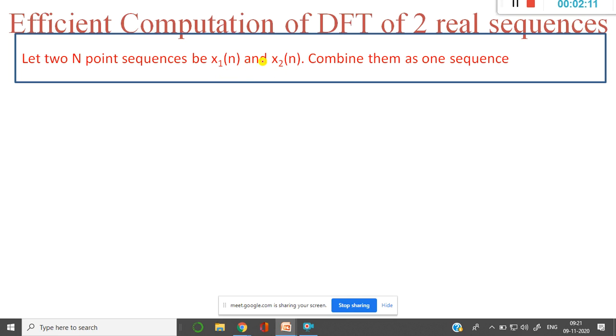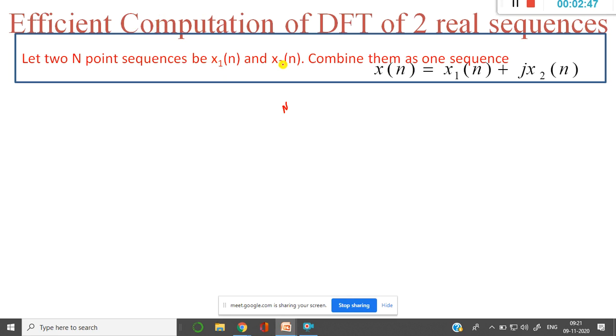That's how, by combining x1 and x2 in this topic, we make the computation efficient: instead of applying n-point DFT two times, we apply n-point DFT only one time, but we obtain X1 of k and X2 of k separately. Okay, so that's the agenda of this particular topic, and we'll see how we follow this method.